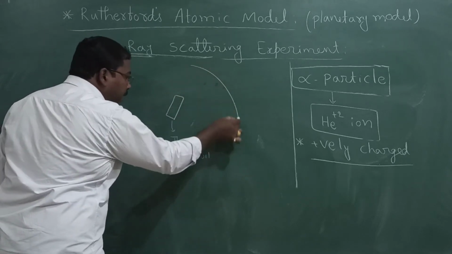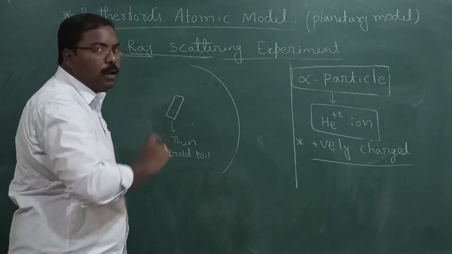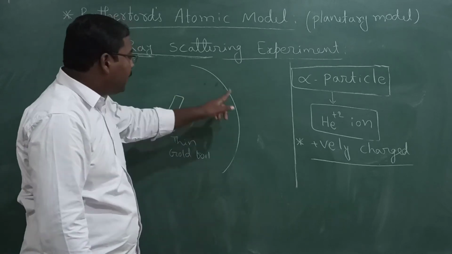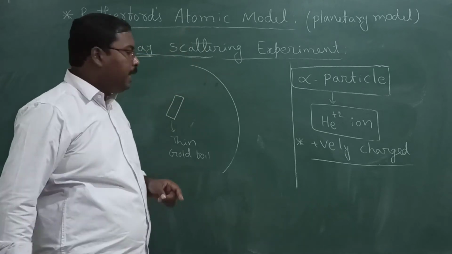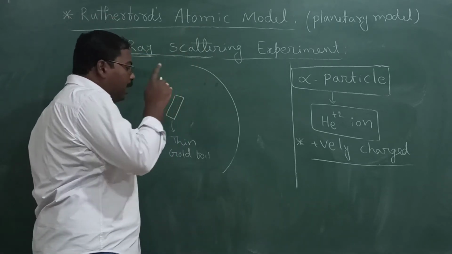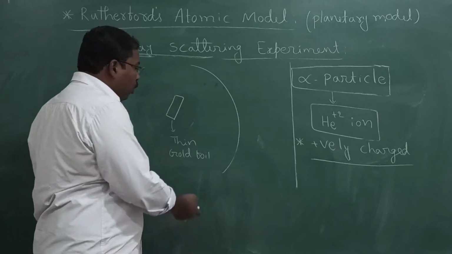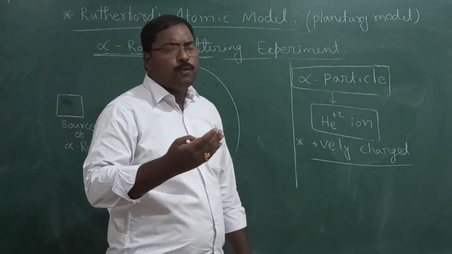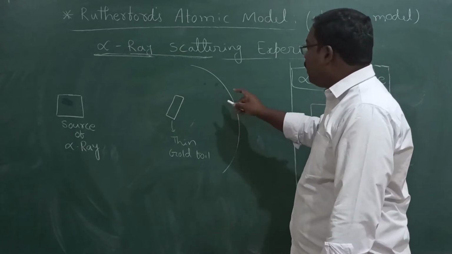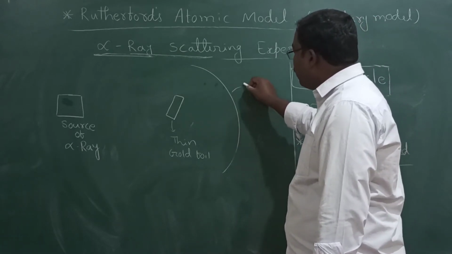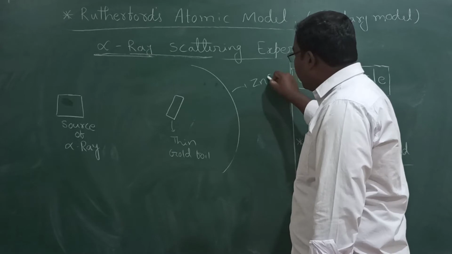Now behind this gold foil, he placed a screen to identify the direction of particles which are passing through the gold foil. Gold foil means it is a thin sheet of gold metal. Now this screen is made up of zinc sulfide.